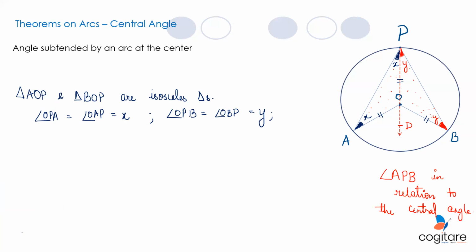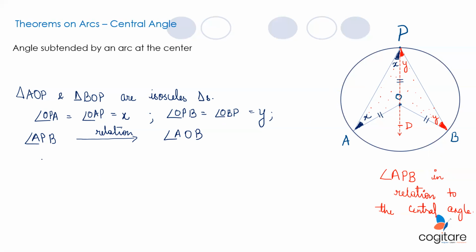Now, we are interested in finding the measure of angle APB in relation to the central angle AOB. So let's find that out.